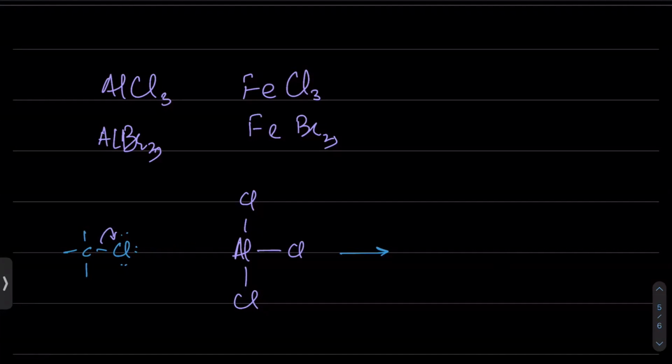So chlorine is able to make a dative bond with this, but at the same time, chlorine is going to break that other bond heterolytically. So we are left with CH3 with a positive charge and chlorine with a negative charge, making a dative bond with aluminum trichloride.